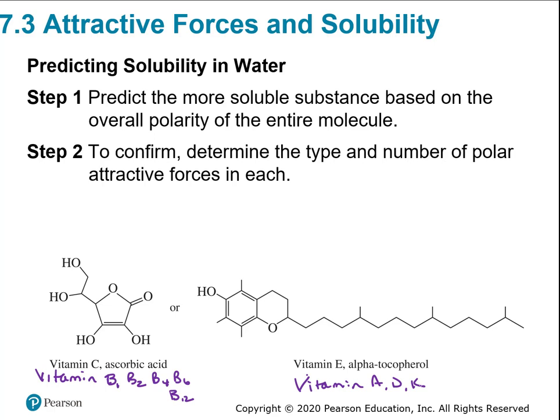So this is a hydrophilic molecule. Vitamin C can hydrogen bond because of those 4 OH groups. Vitamin C dissolves in water. They oftentimes refer to the vitamin Bs and vitamin Cs as being water-soluble vitamins.